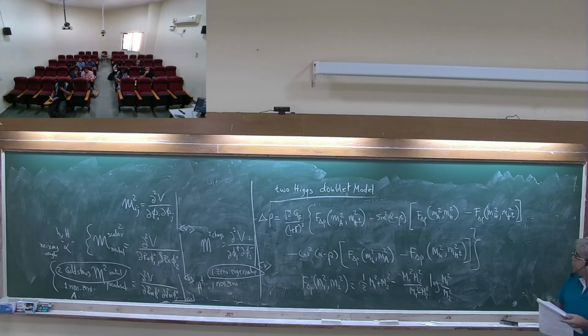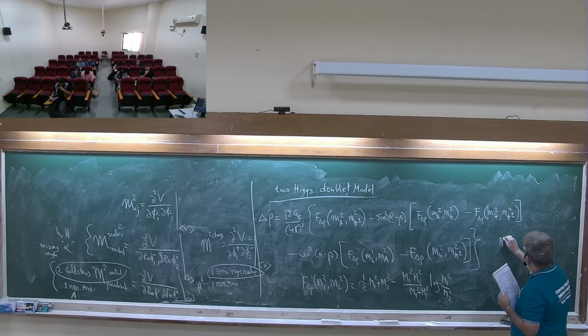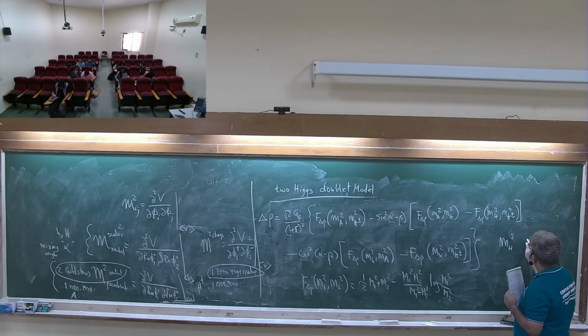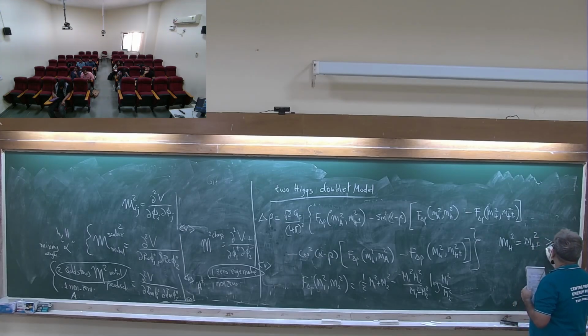So typically you take the case where the heavy neutral Higgs masses are degenerate and very heavy.